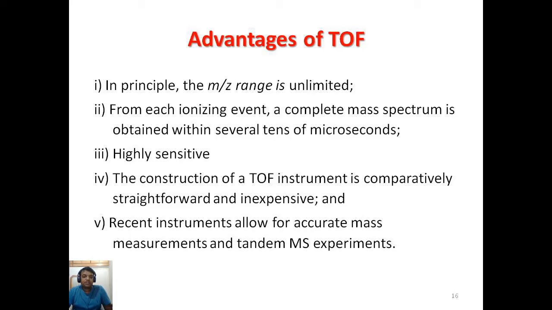The construction of a time of flight instrument is comparatively very cheap and very straightforward. Recent instruments allow accurate mass measurements and tandem mass experiments. Hence, the majority of scientists prefer mass spectrometry with a time of flight analyzer.